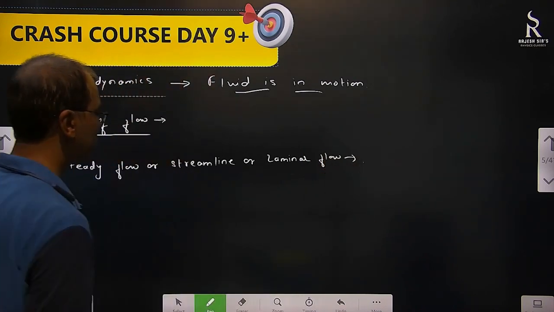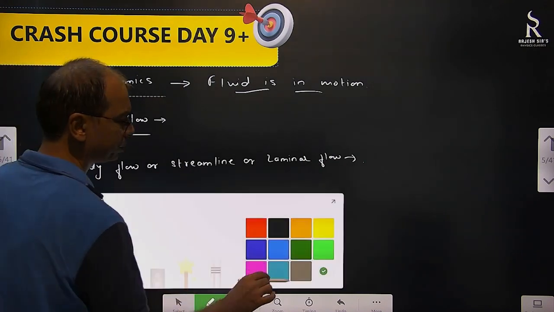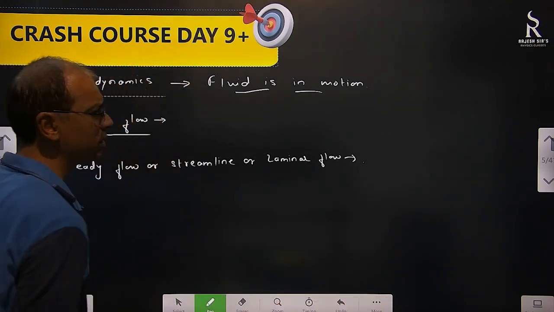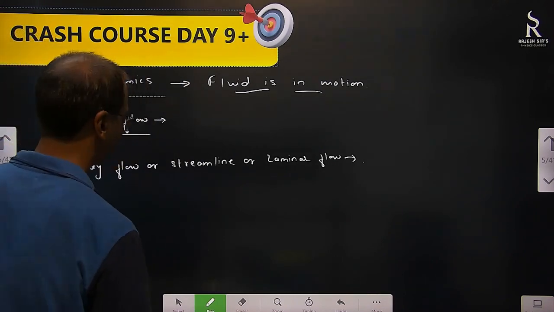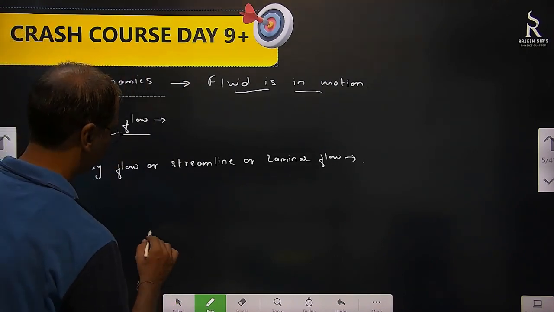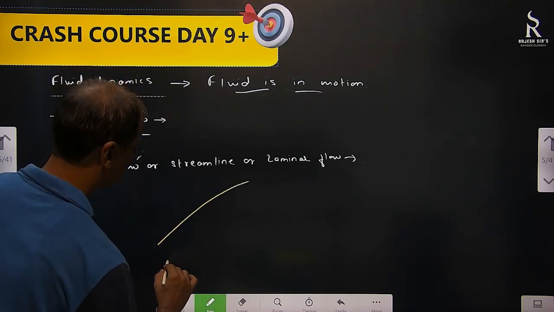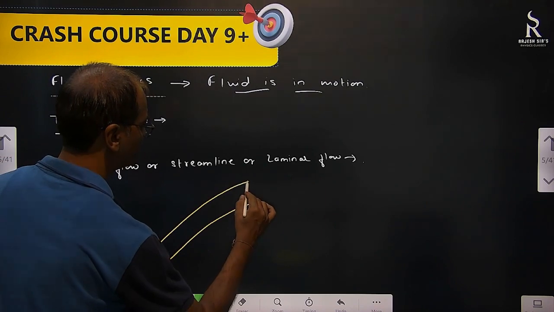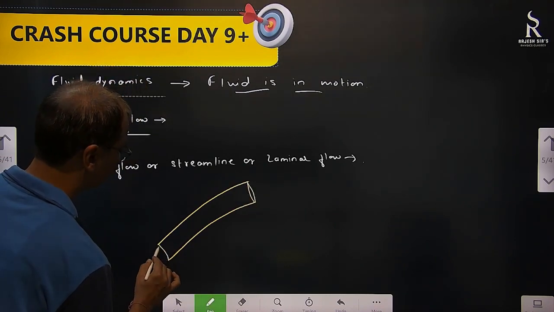Now what is this steady flow or streamline or laminar flow? Let's say we take an example of a pipe. Okay, we make a pipe here. This is the pipe, and in this one, liquid is flowing.